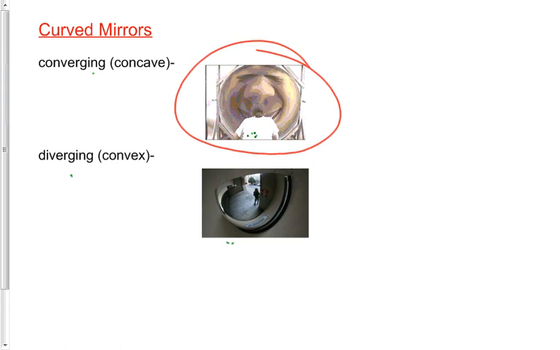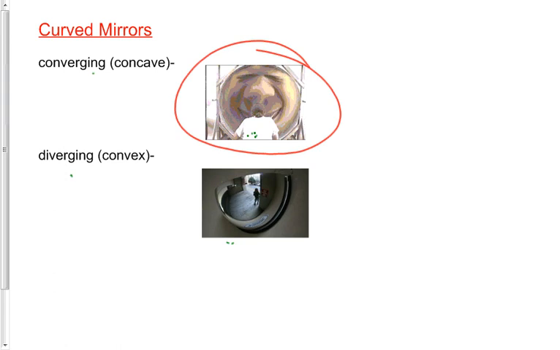And then as he backs up even further, he's going to appear smaller and smaller to the point when he backs up far enough and he's going to appear so small that he probably can't even see himself. So it's not like a plain flat mirror where the characteristics are the same no matter whether you stand really close to the mirror or far back from the mirror. In this case, it depends a lot on where you stand or where the object is relative to the mirror.